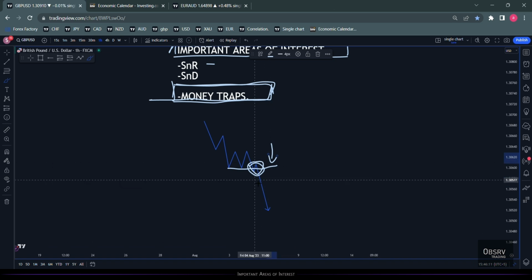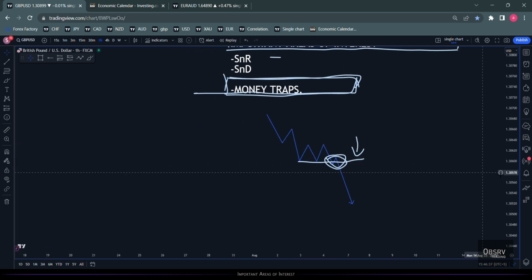These are the areas where money is stuck. These are the areas where the price is more often than not gonna come back to before it goes for a bigger sell. Keep that in mind. These are the areas, because the logic behind it, I understand it's going to be a little difficult for you to grasp right now, is this.